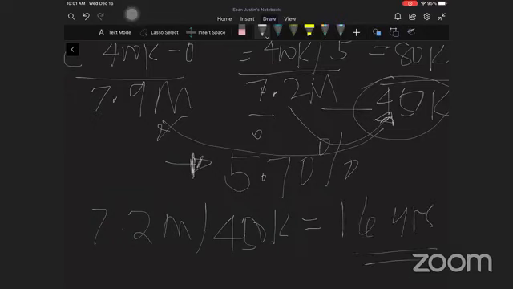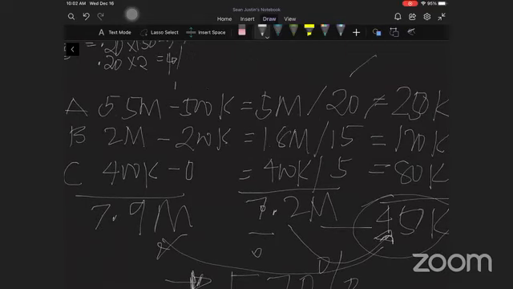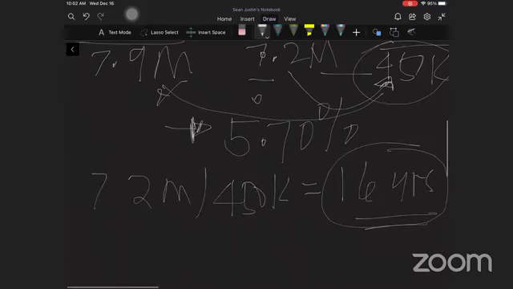So that 16 years means, on average, if we average the whole machinery of the company as a group, the whole asset ABC, the average life is 16 years. But if viewed individually, it's 20 for A, 15 for B, 5 for C. On average, that's 16 years, the useful life of the machineries as a whole.